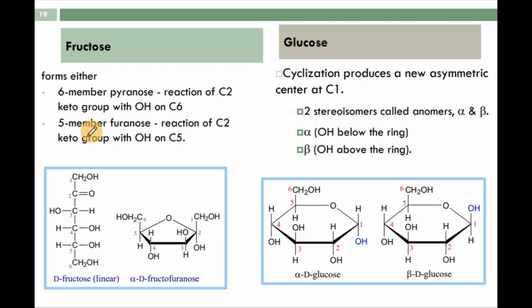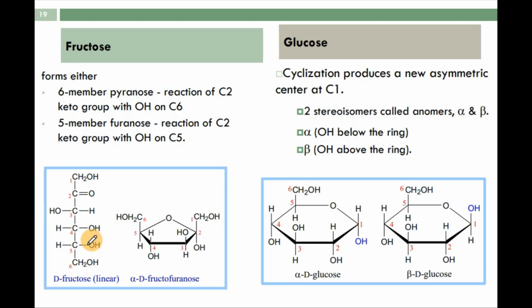The five-membered furanose is the reaction of carbon 2 and carbon 5, while the six-membered pyranose is between carbon 2 and the OH on carbon 6. So take note, for us to react this one to form the sugar, the O on carbon 2 picks up the H on the OH of carbon 5.